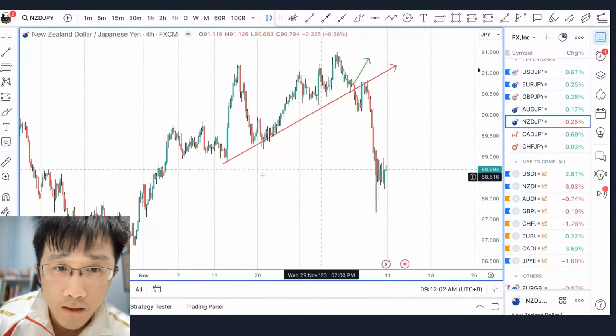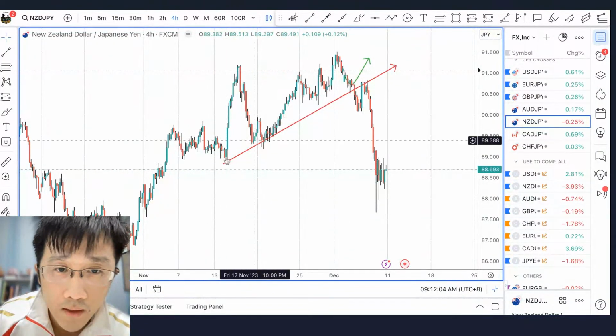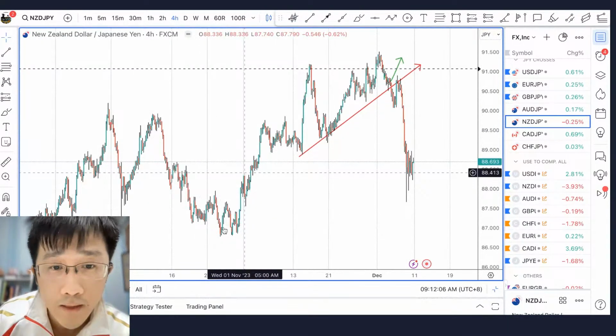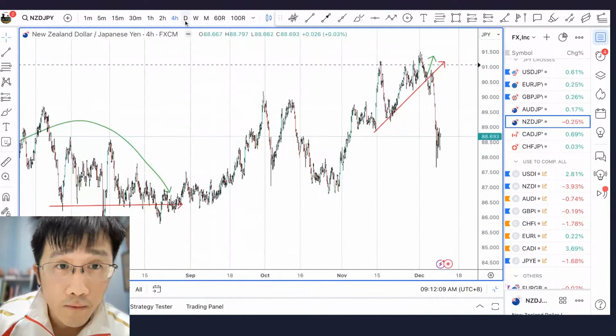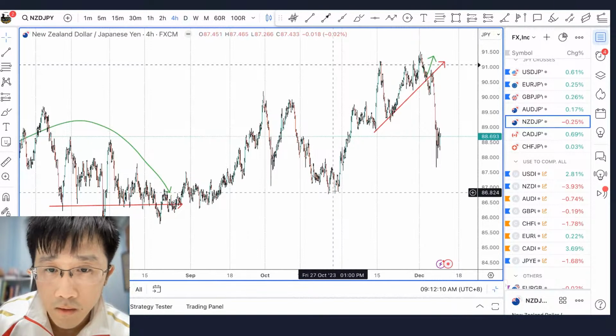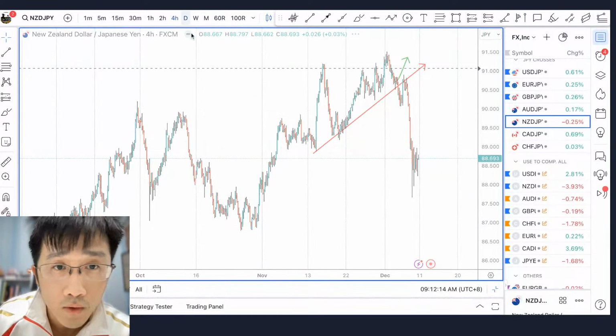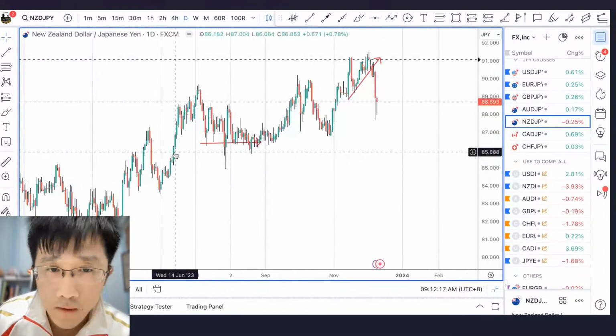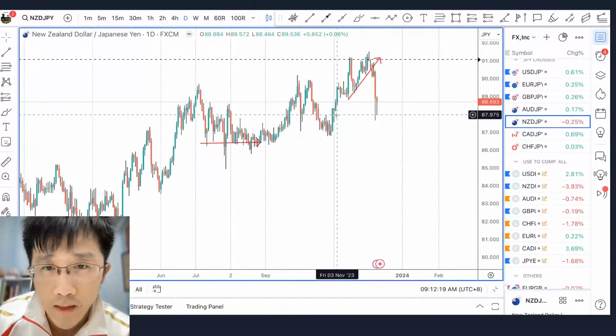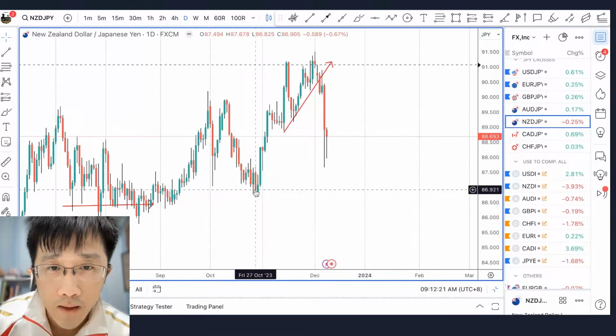New Zealand dollar yen has been on the upside for quite some time, and if you look at the daily chart, it has been up for days and is still on the upside.